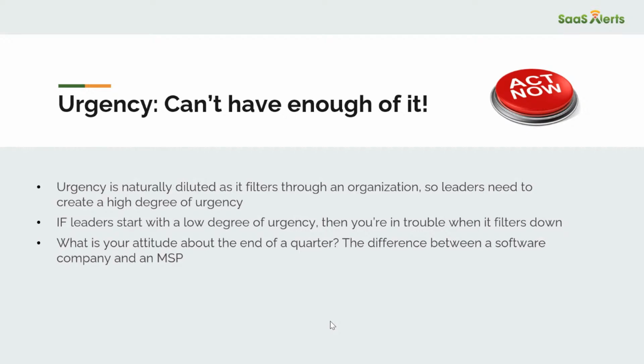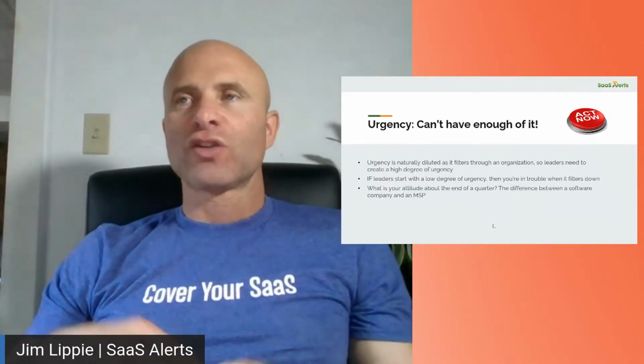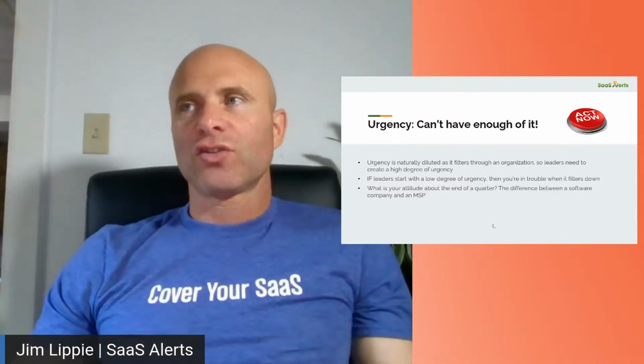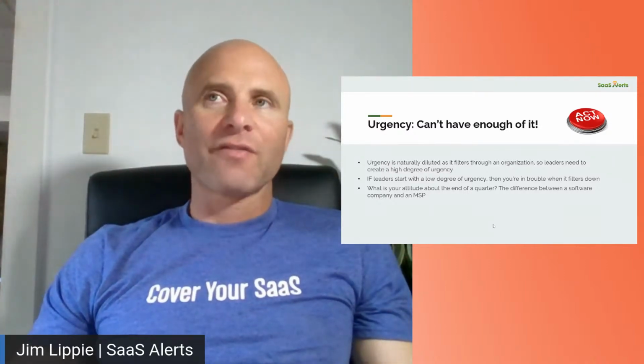Because, and this is something I learned in my software experience, urgency is just naturally diluted as it filters down through an organization, right? So let's just say you're a leader, and on a scale of 1 to 10, 10 being the highest, your level of urgency is a 5. By the time it dilutes down to frontline folks throughout the organization, the level of urgency declines to like a 1 or a 2.